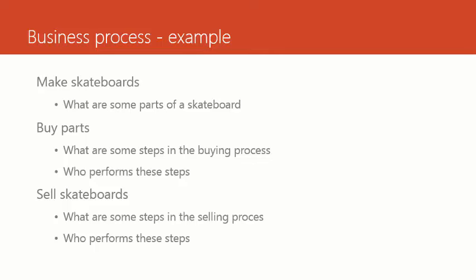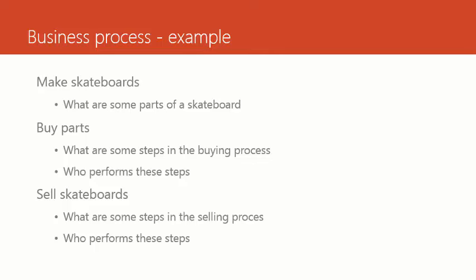When we are selling skateboards, then again we have a set of processes. We have a set of customers, we send them advertisements about the new skateboards that we have manufactured, and we wait for them to send us a sales order.